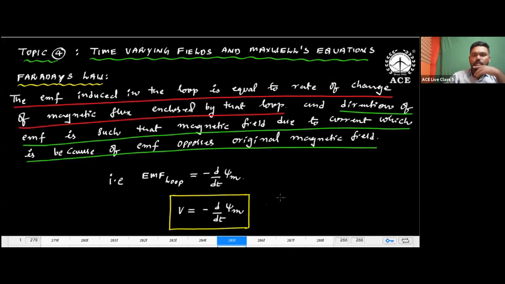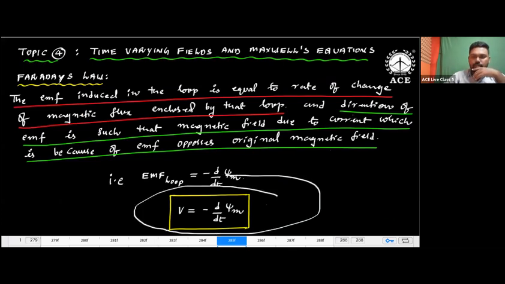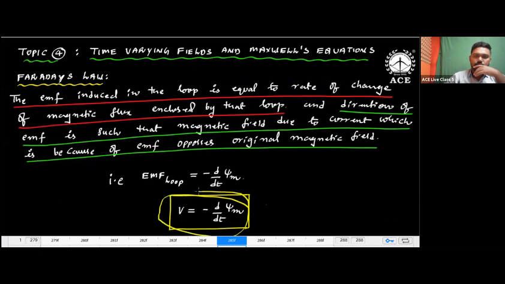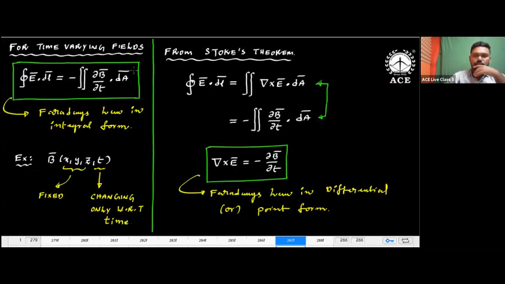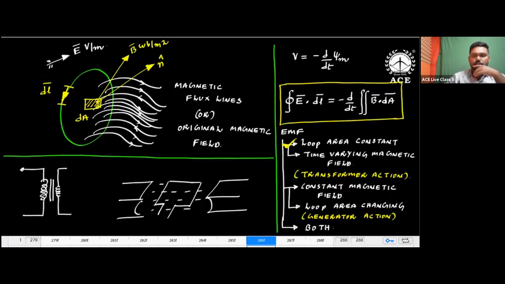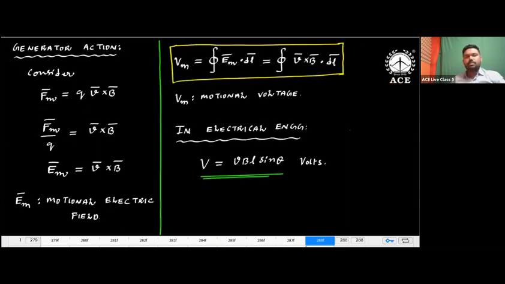So what you need to remember as far as electromagnetic theory is concerned is this one. This is a definition form, beta. This is an integral form. This one is a differential form, or you can also call it point form. Clear? Let us try to have a variety of questions on these formulas.